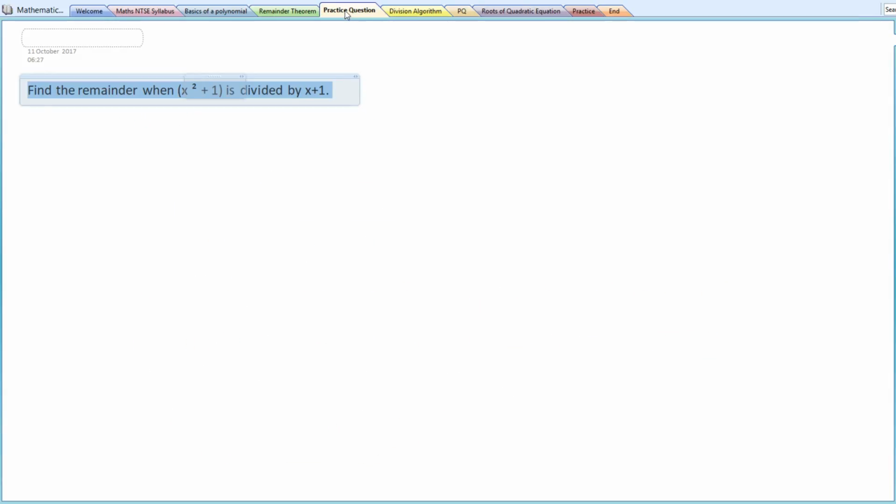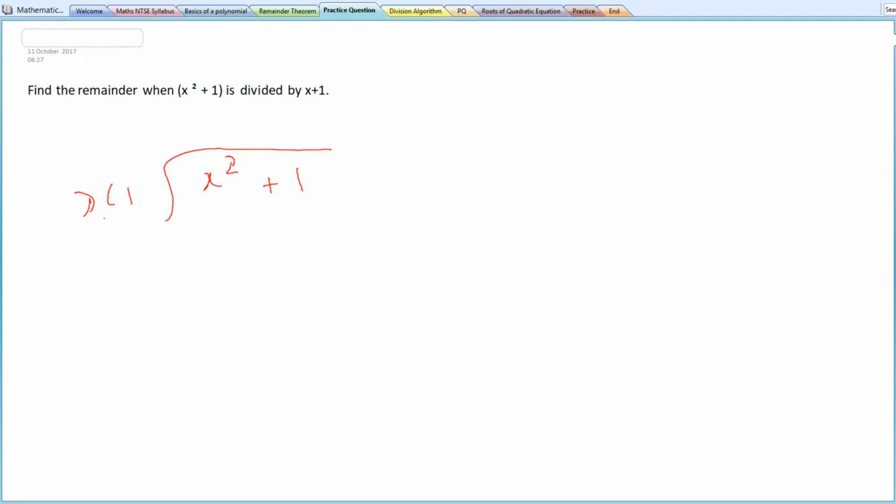Let's see it with the help of a practice question. I am asked that if I divide x square plus 1 by x plus 1, what will be my remainder? Right? So there are two ways to go about it.